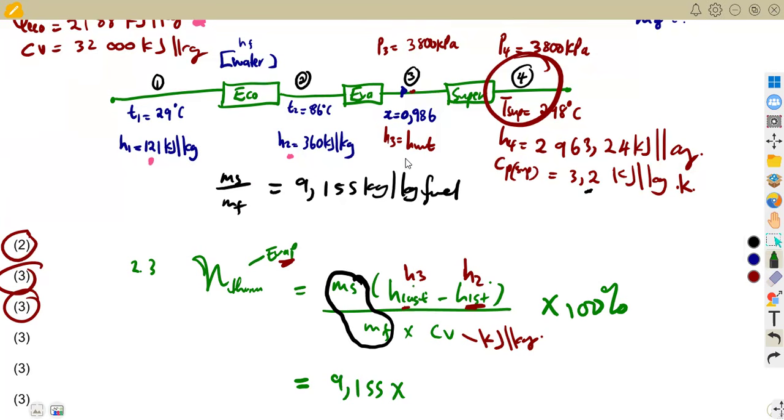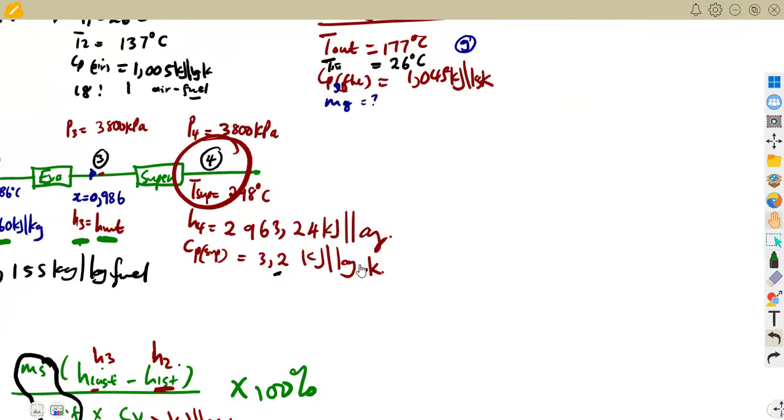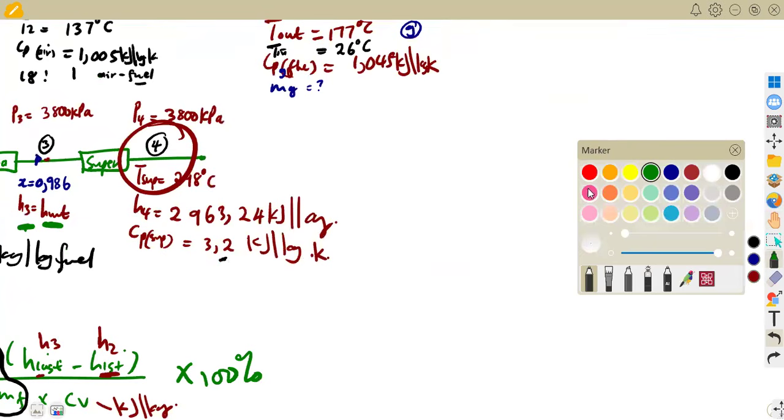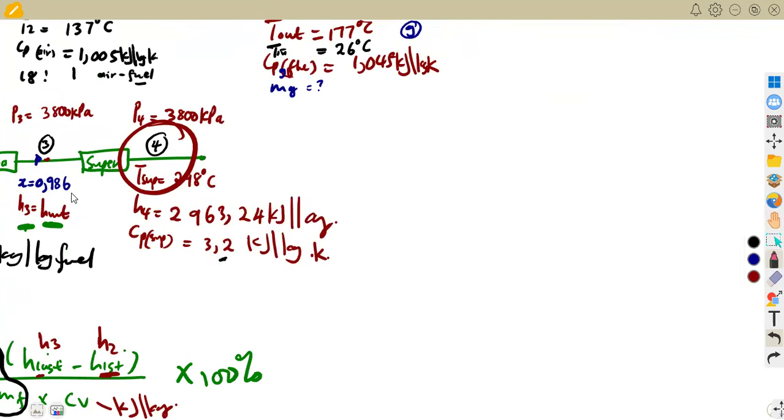H3, do we have this? We do not. H3 represents H wet. We calculated H soup, not H3. H2 we have, but H3 we do not have. So guys, just like what we did on H4 for the superheated, we need H3 to represent H wet. Remember, we are given the dryness fraction.